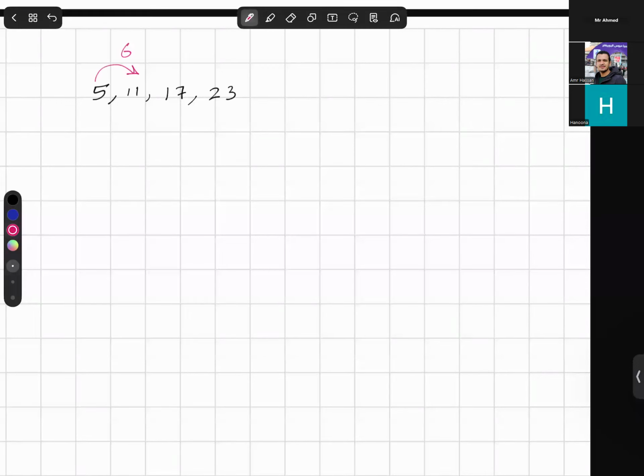It's going to be 6, right? The other one, 17 minus 11, is 6. And on this one also, 6. So the first thing I figured out is that the difference is constant, so this one's going to be an arithmetic sequence.